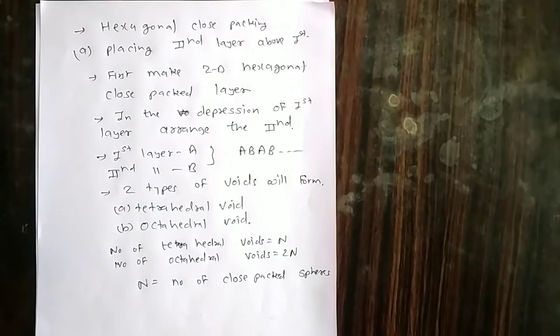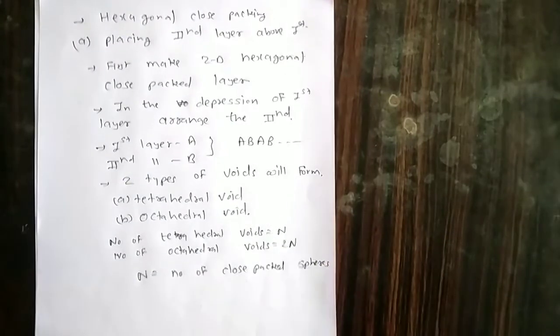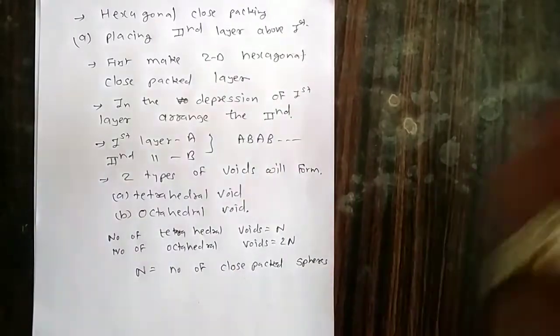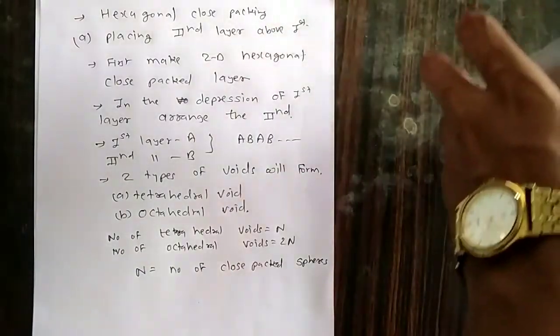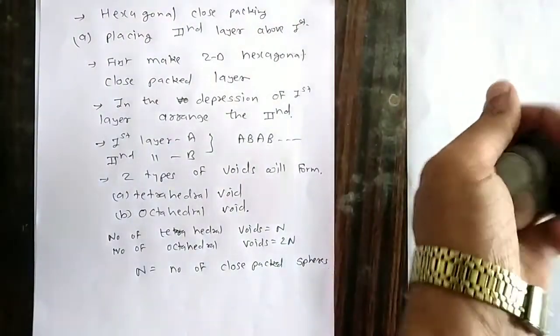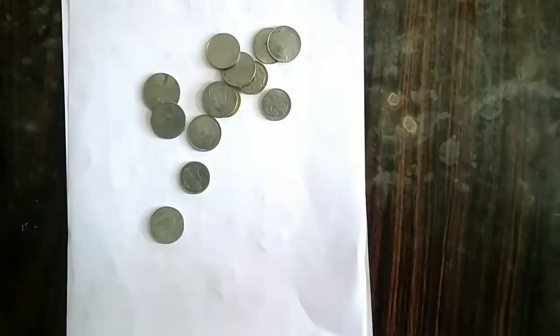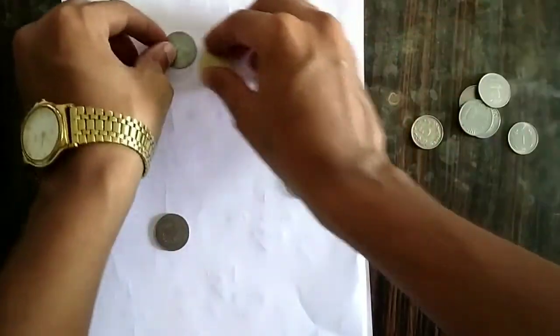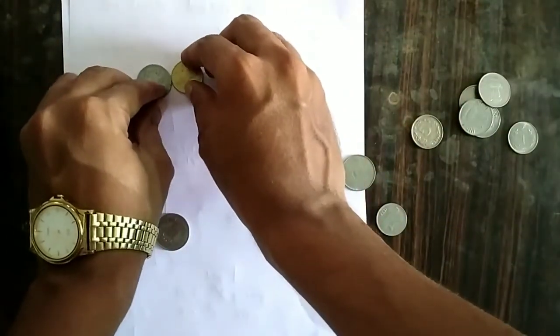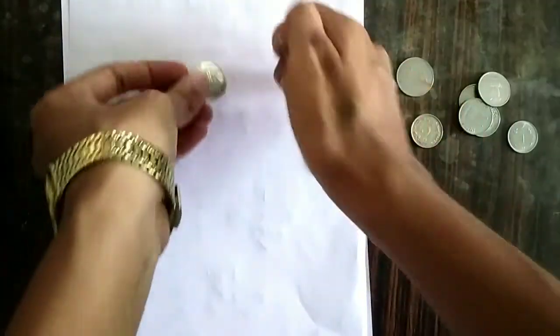That layer will repeat itself to form a 3D structure. So here I am going to show you those layers. Suppose these are our atoms. Now I am going to make a hexagonal two-dimensional close packing system.